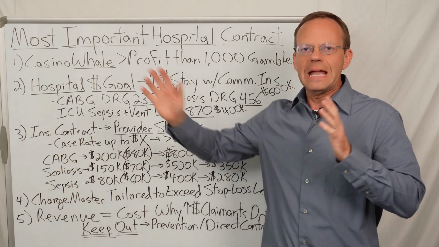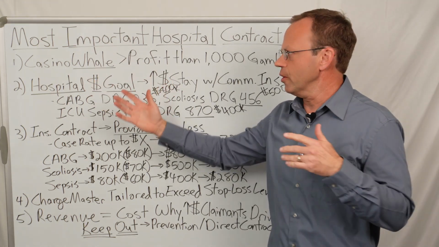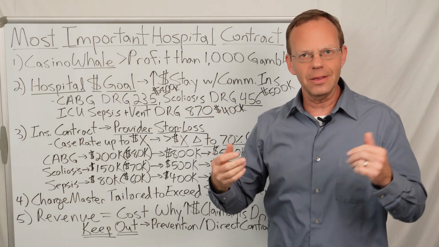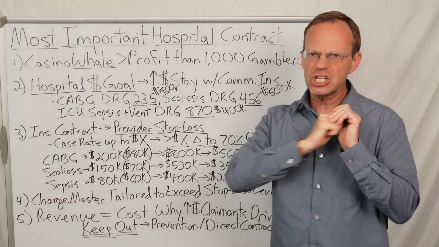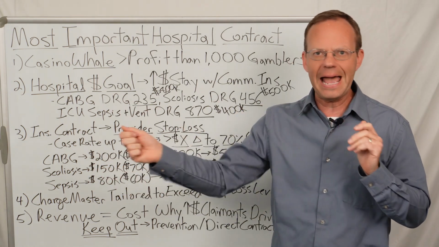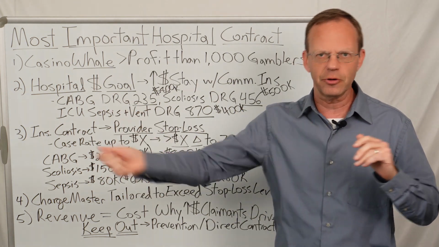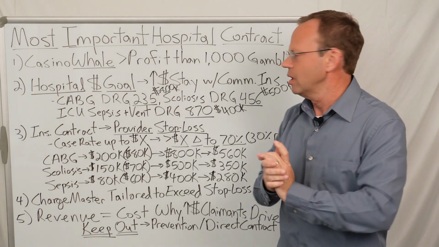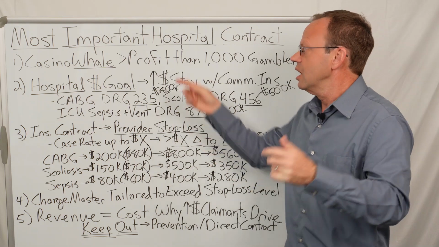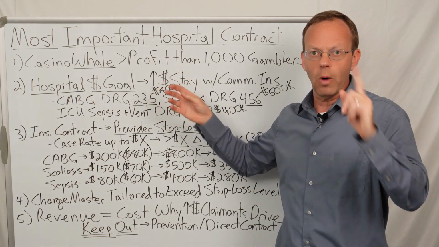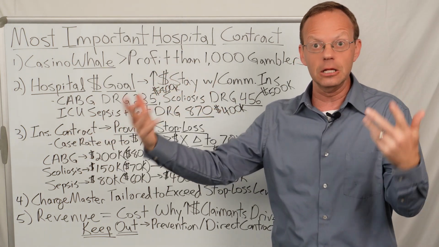So, in casinos, there's this term called a whale. And a whale is a high roller. That's somebody who comes in the casino and they bet huge amounts on blackjack or roulette or whatever other game they're playing. Now, those whales are super important to a casino because when they bet a lot, they lose a lot.